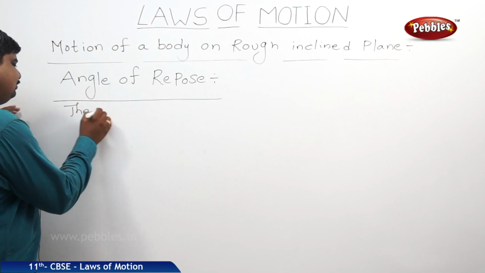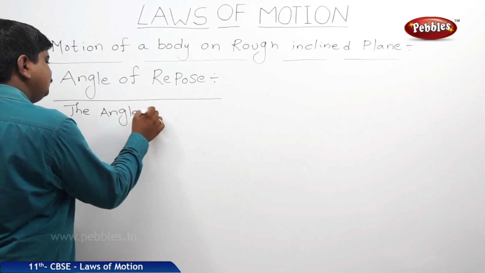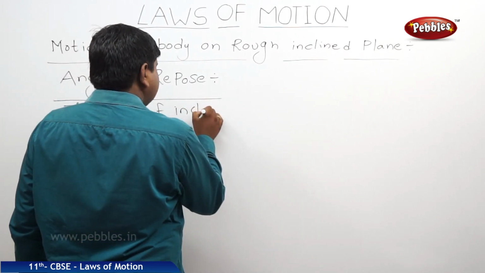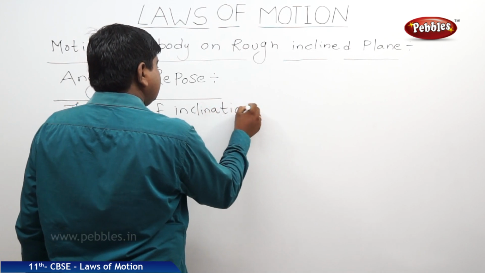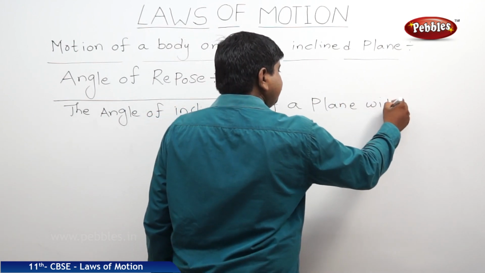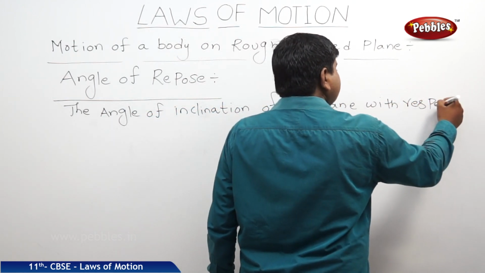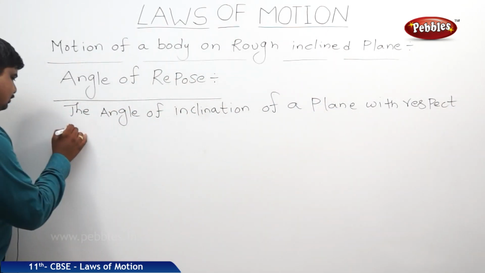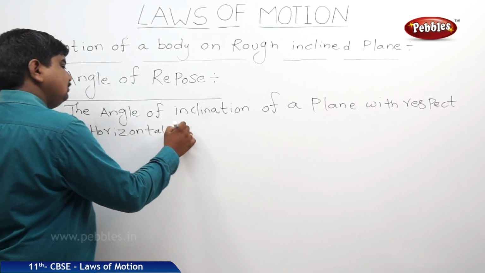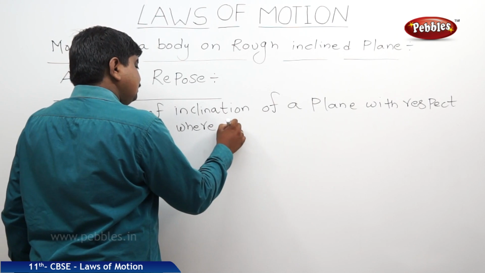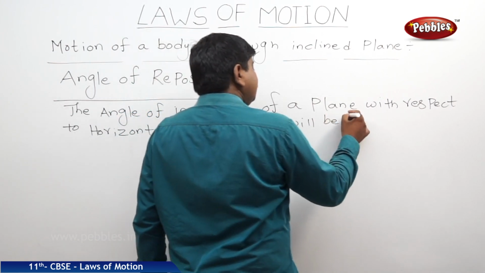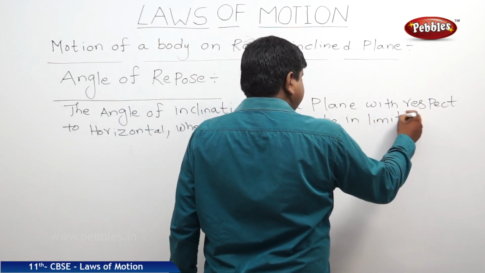The angle of inclination of a plane with respect to the horizontal where the body will be in limiting equilibrium.